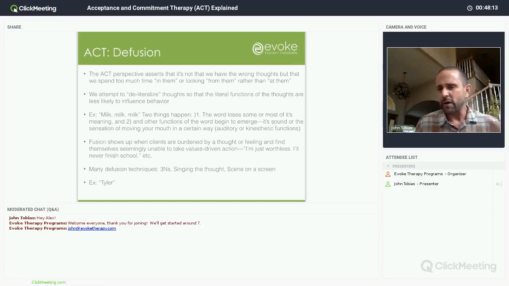So either auditory or kinesthetic functions begin to emerge rather than the literal function. And that word function is a bit tricky. It comes from the behavioral tradition. We could insert the word aspect there, and it might make more sense. So instead of the literal aspect of the word milk, other functions or other aspects of the word begin to emerge.